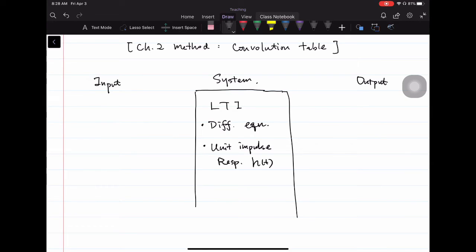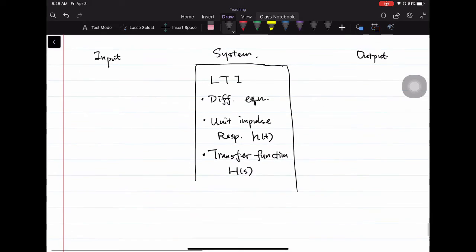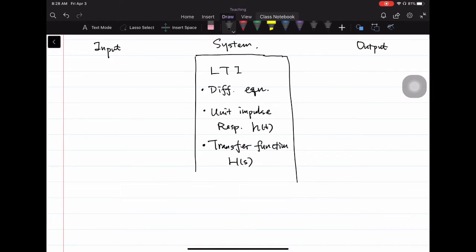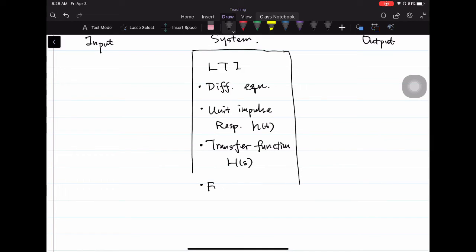The next is the transfer function, H of s. And the last one we discussed in this class is the frequency response function. Notation-wise, it can be H of omega, and sometimes the book also uses H of j omega.